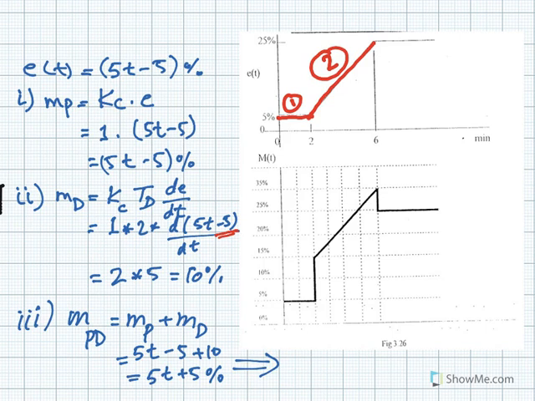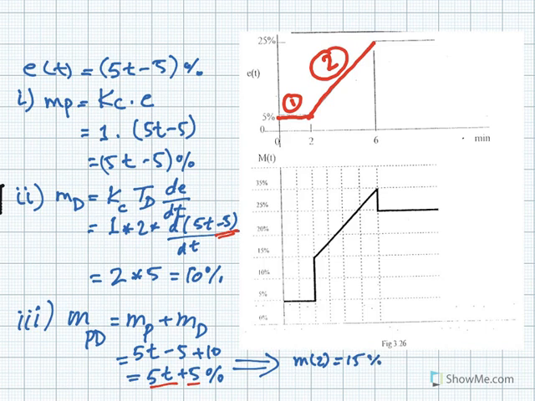And then we can substitute for t equals 2: 5 multiplied by 2 plus 5, which equals 15%.